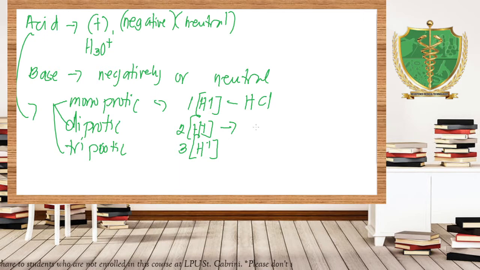Example of diprotic is carbonic acid. Example of triprotic is our phosphoric acid. Okay, so that is our acids and bases according to Bronsted and Lowry.